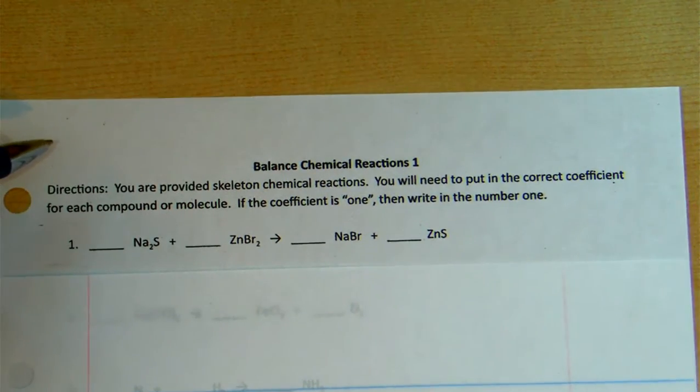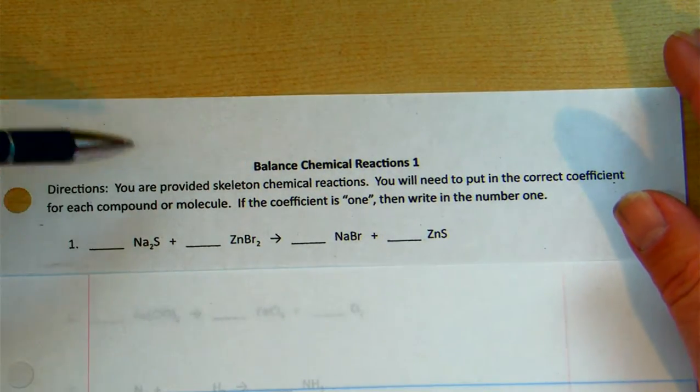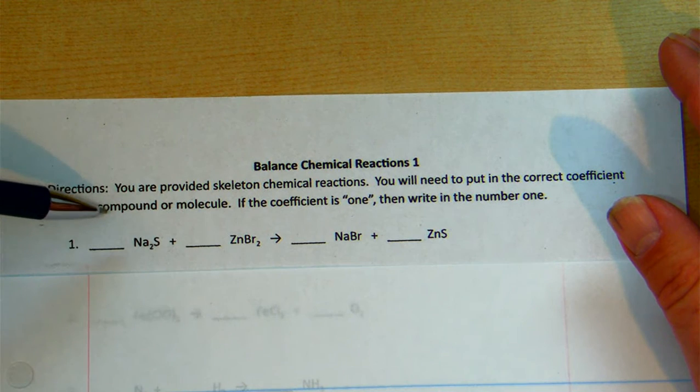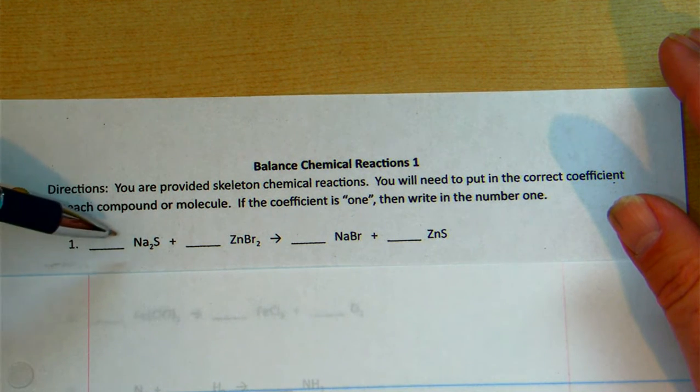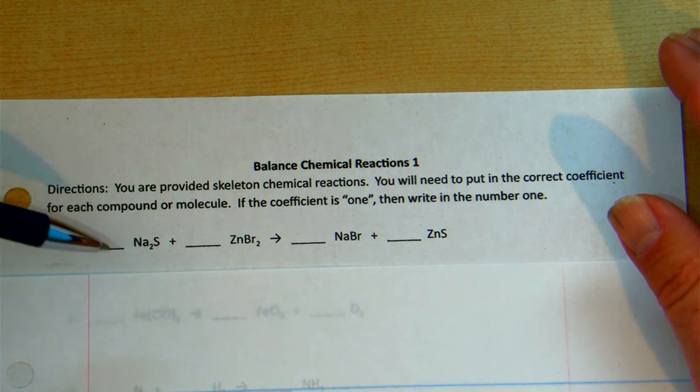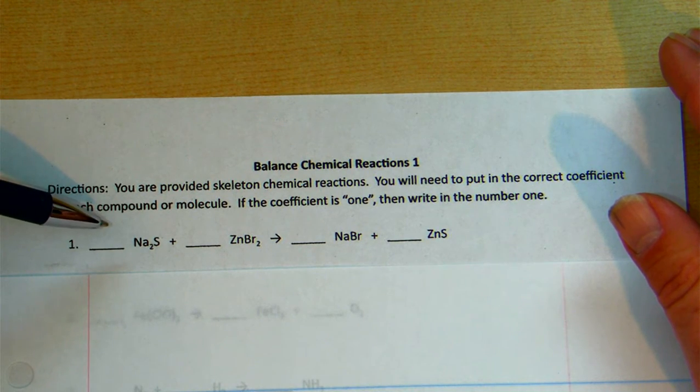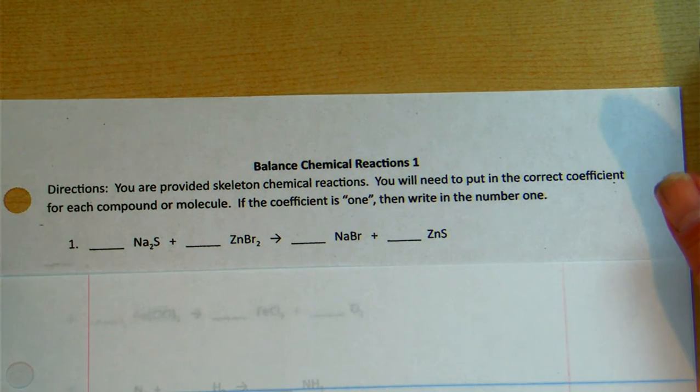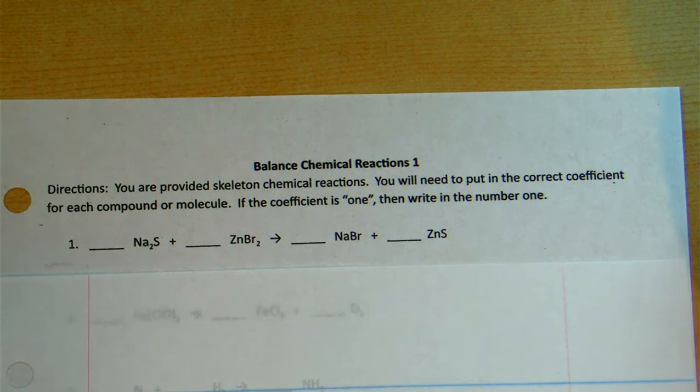So what I'm going to be guiding you through is balancing, which means whatever you start with in terms of atoms or polyatomic ions, you have to end up with that as well. They can be rearranged, they can be broken apart as to who they're hooked up with, they can be combined. So there's decomposition, there's synthesis, there's exchange that can take place, single displacement, double displacement, there's combustion.